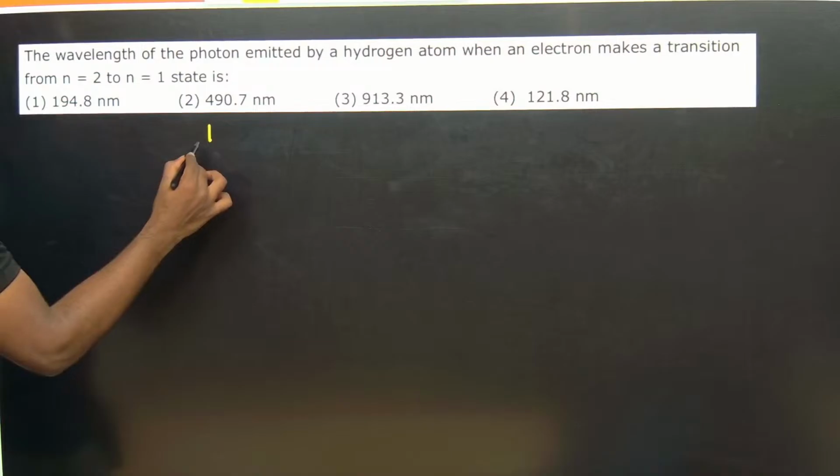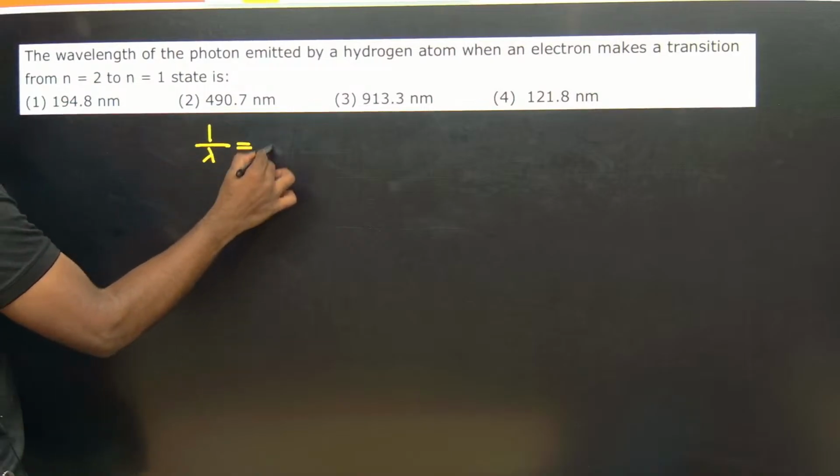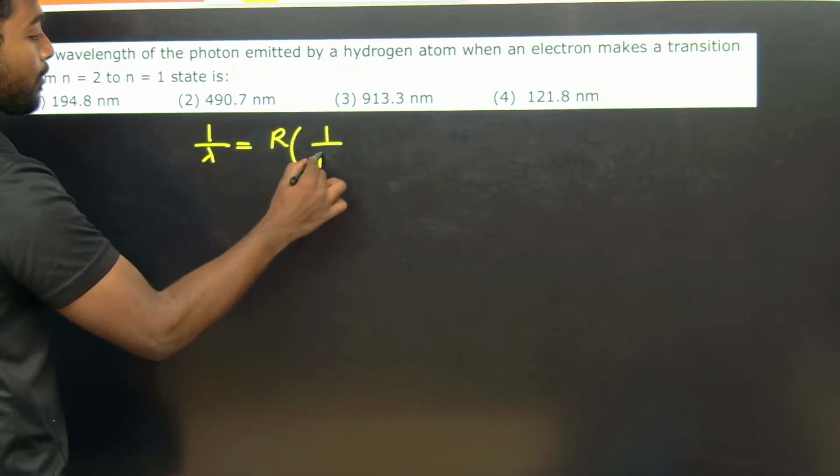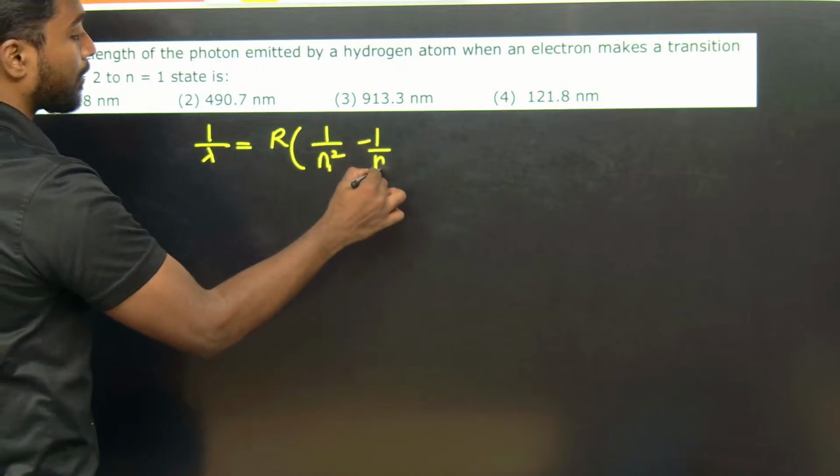The wavelength of the photon emitted by the hydrogen atom when an electron makes a transition from n equals 2 to n equals 1 state is. So what is the formula for the wavelength of a photon emitted? I will write the formula: 1 by lambda is equal to R into 1 by n1 square minus 1 by n2 square.